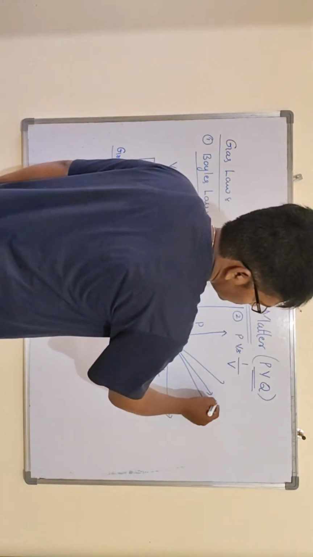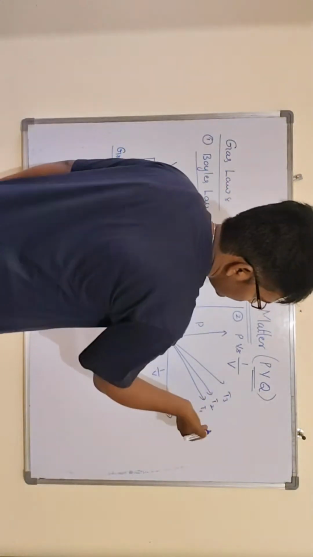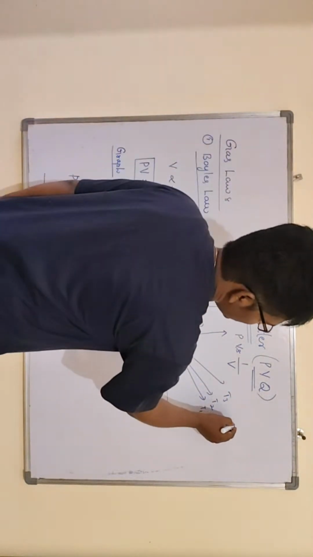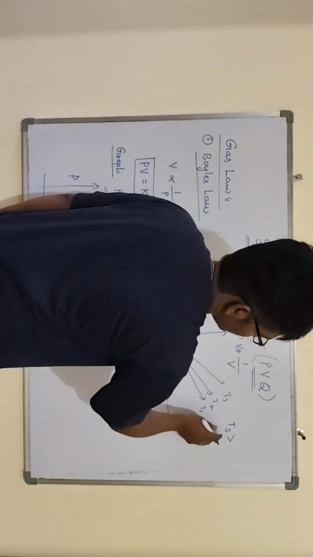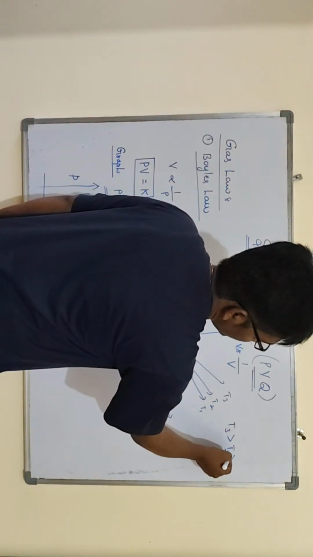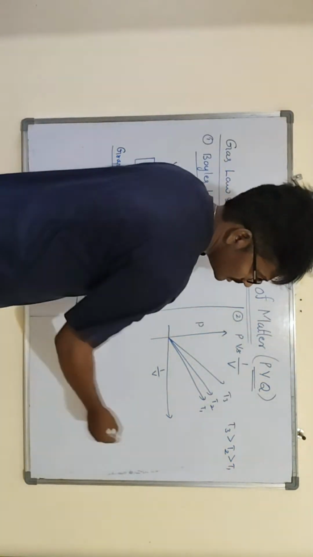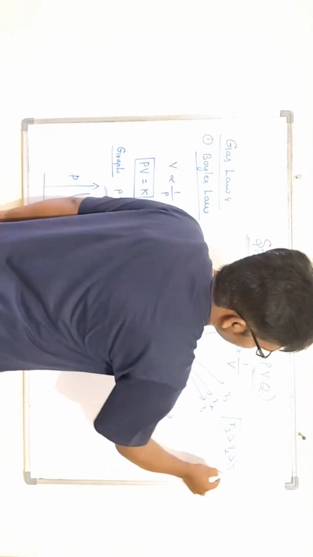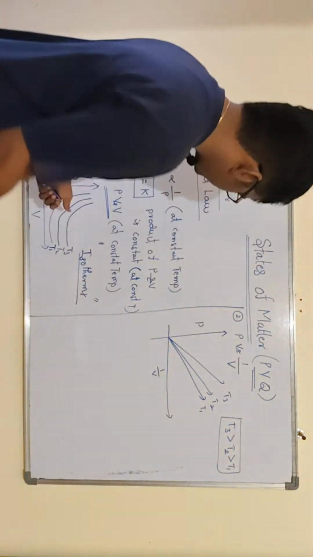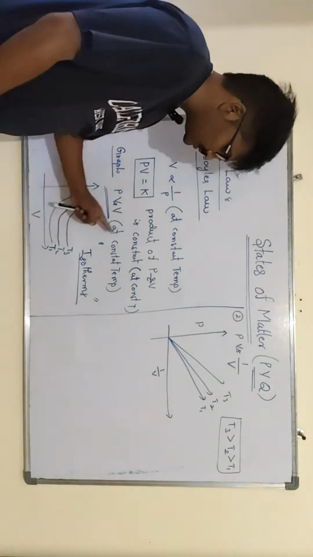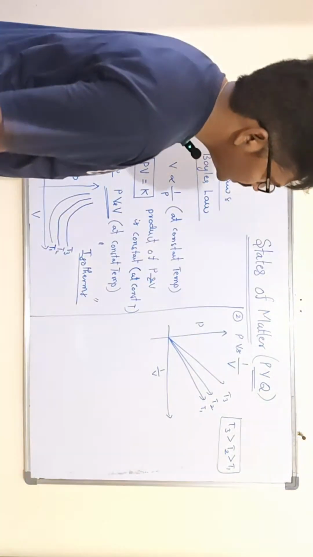Take it as T1, then T2, then T3. Even in this case, T3 is greater than T2, which is greater than T1. This must be remembered: as the temperature increases, the pressure increases. Clear, all of you?